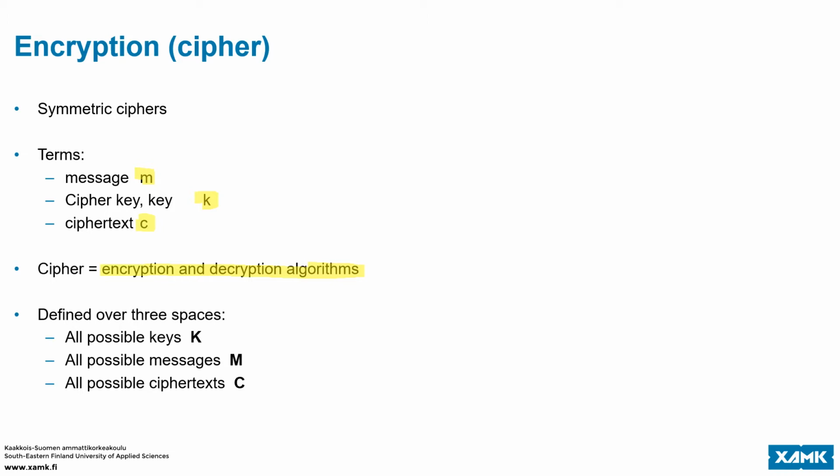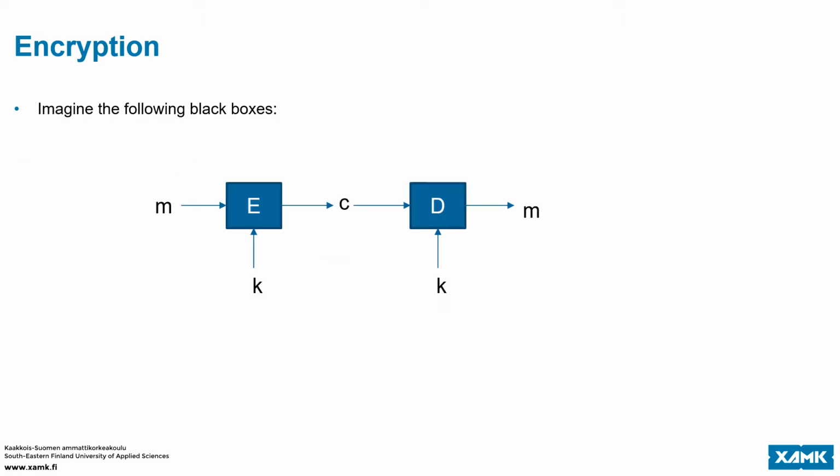These cipher suites are usually defined over three possible spaces of values: the space of all possible keys, the space of all possible messages, and the space of all possible cipher texts.